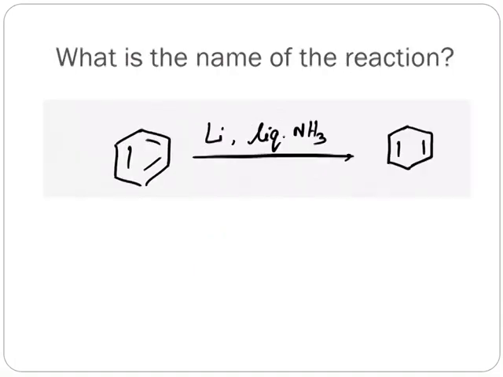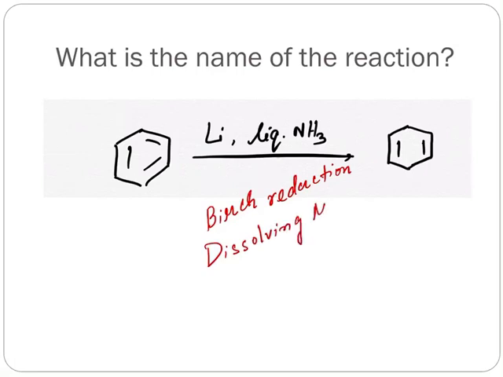Now let's see what is the name of this reaction. The name of this reaction is actually Birch reduction. Birch reduction, also known as dissolving metal ammonia reaction.